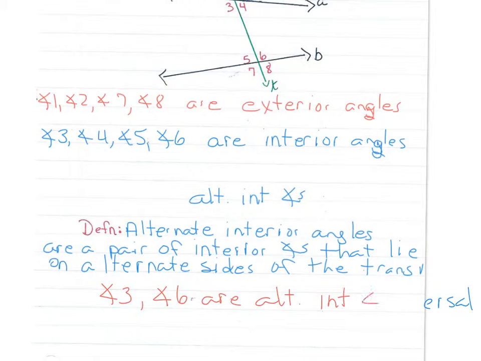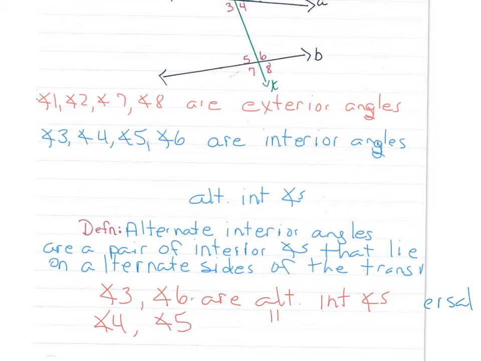Do you see any other alternate interior angles, Darby? Angle 4 and angle 5. These are also alternate interior angles. So they're pretty easy to identify. They lie in between the two lines, and they are on alternate sides of the transversal.